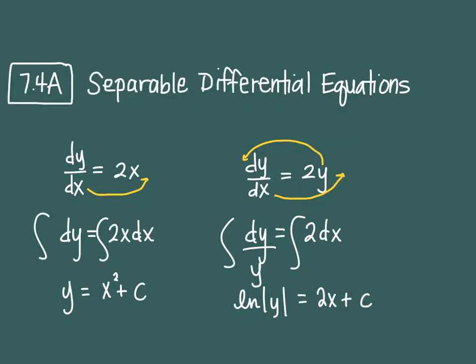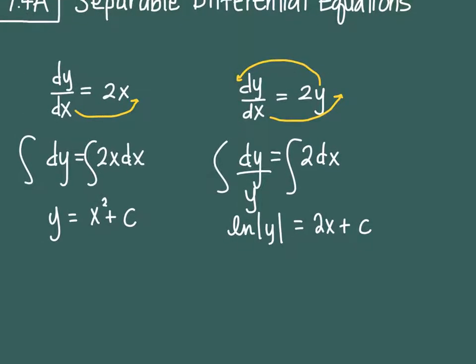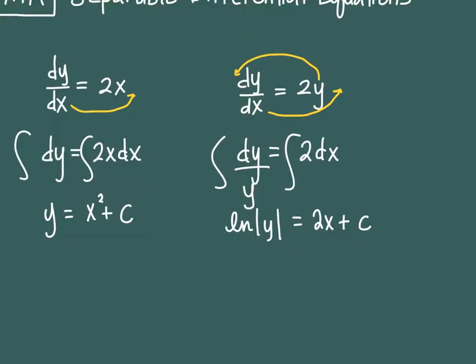So you get very different answers. On the natural log side, we need to get y by itself, so we apply an e to both sides. We'll have the absolute value of y equals e to the 2x plus the constant c in parentheses.